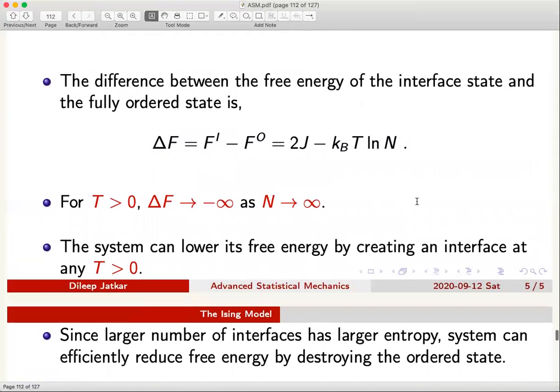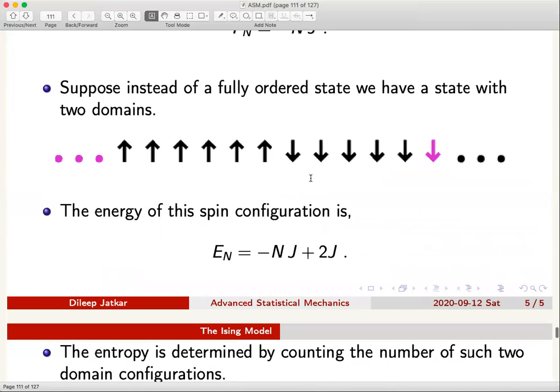Now notice one thing: suppose you go back to this picture, and you go away from this interface far out in any direction, either this or that, it doesn't matter. Suppose you go in the positive direction, sufficiently far so that you have no inkling that there is an interface in the system.